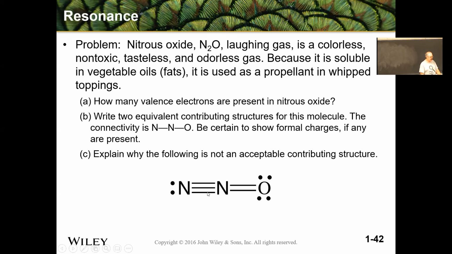This structure is not valid. First of all, if we count the number of valence electrons around the central nitrogen, we've got 10. Again, that violates the octet rule.